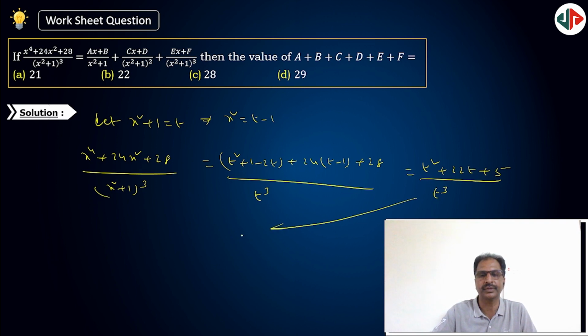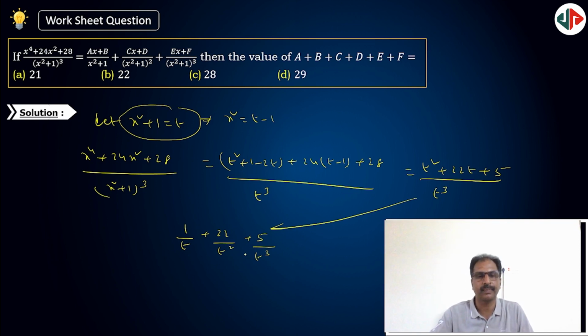So after simplification, you get 1 by t, 22 by t square, 5 by t cube, and replace t with x square plus 1 and compare with right hand side terms. So this is 1 by (x square plus 1), 22 by (x square plus 1) whole square, 5 by (x square plus 1) whole cube.